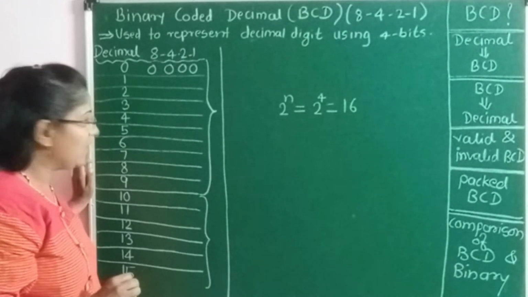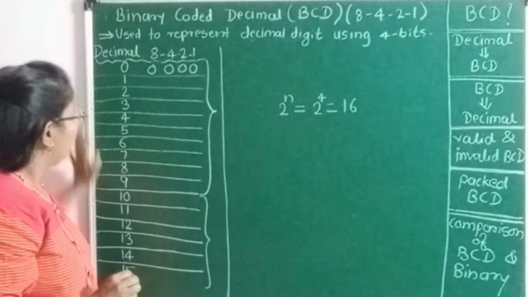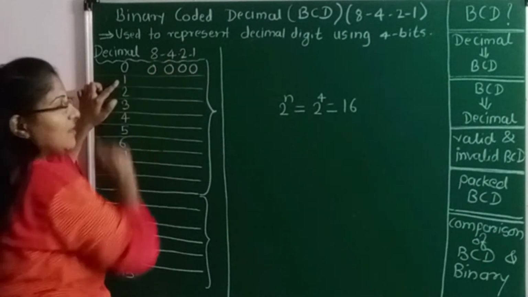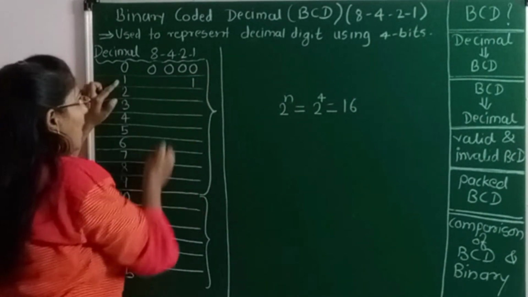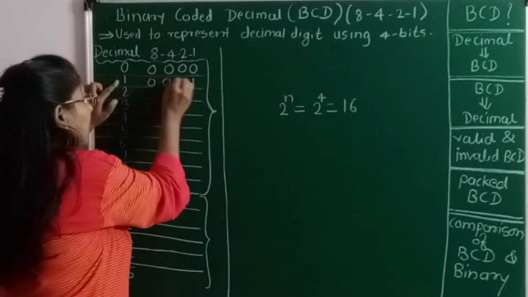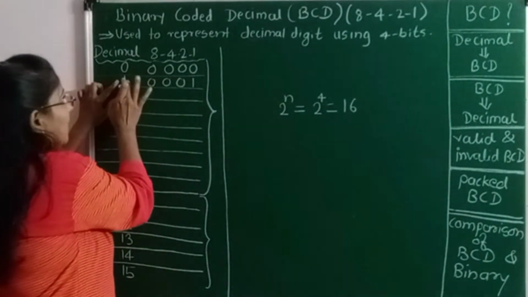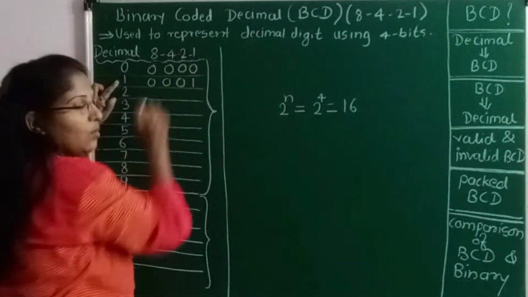After that we should get the result as these numbers. For example, first decimal digit is 1. So is there any weighted value 1? Yes, it is there. So for that weighted value only write 1, and for remaining weighted values we will write 0. So this is the 4-bit equivalent for the 1 using the weight 8, 4, 2, 1.